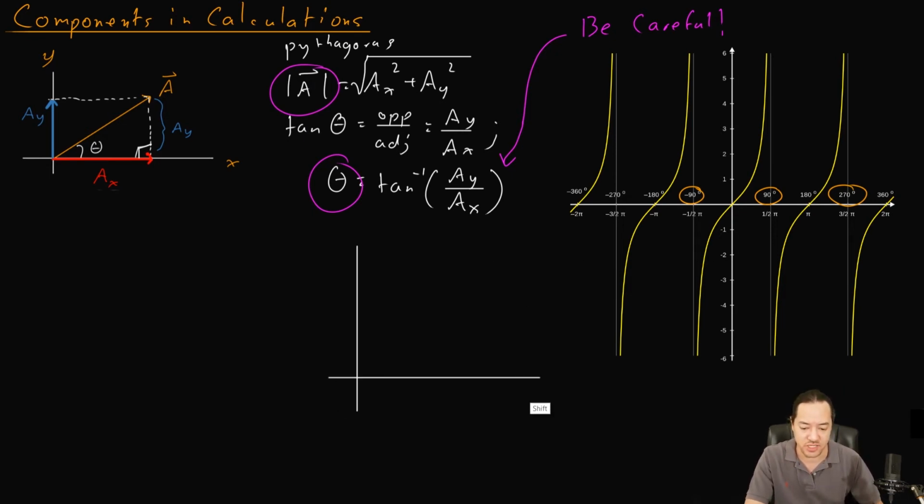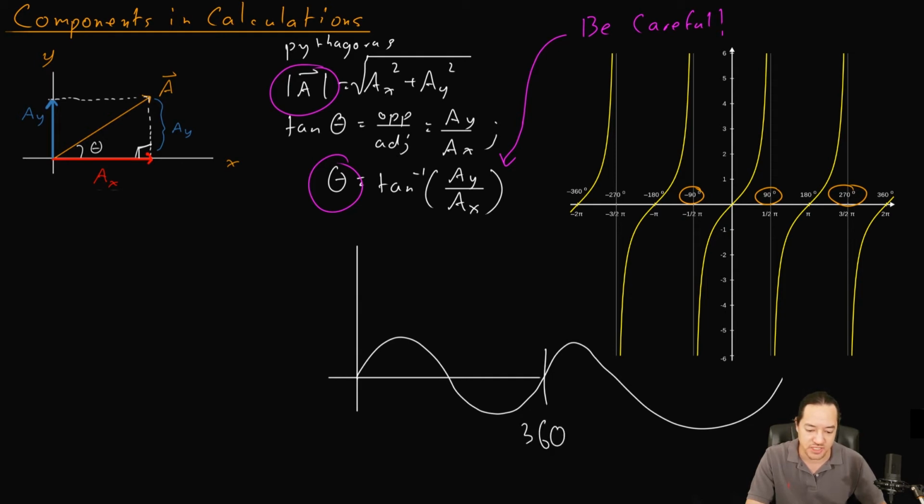Now, this is not super surprising, right? If we draw, for example, a sine wave, sine waves repeat themselves as well. But for the first 360 degrees, the sine wave shape doesn't repeat itself. It repeats after 360, right? For tangent, it's different. It repeats every 180 degrees.